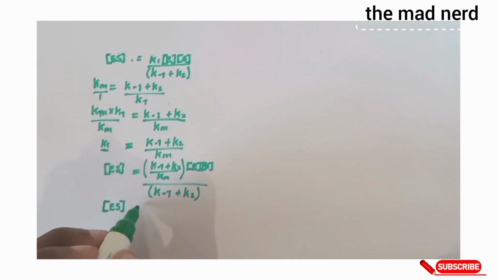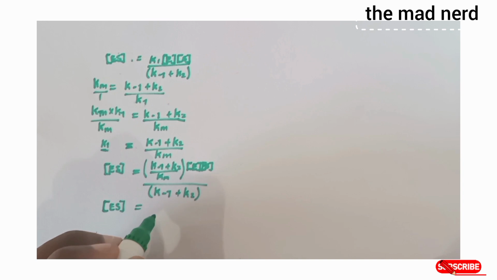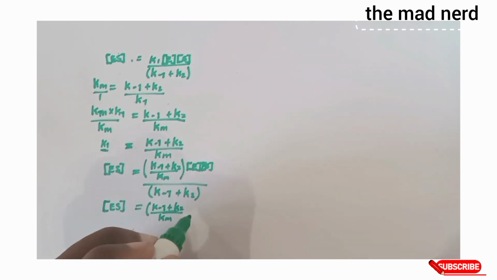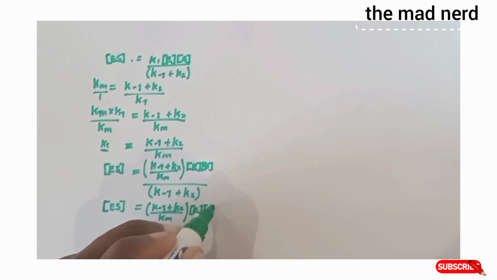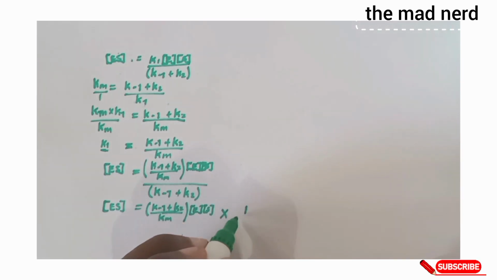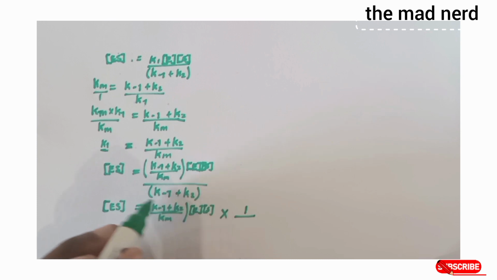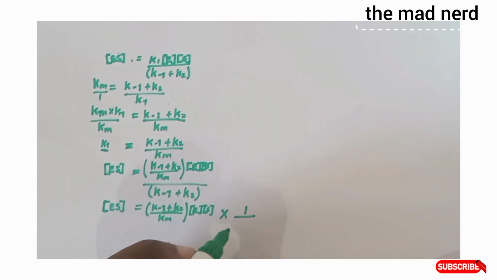Concentration of ES is equals to, and then now what we can just do is to say a K of -1 plus a K of 2 over Km, and then concentration of E, and then a concentration of S multiplied by 1 over, because we are trying to remove this division over here, and then we'll take that one that is on the denominator, and we say 1 over K of -1 plus a K of 2.